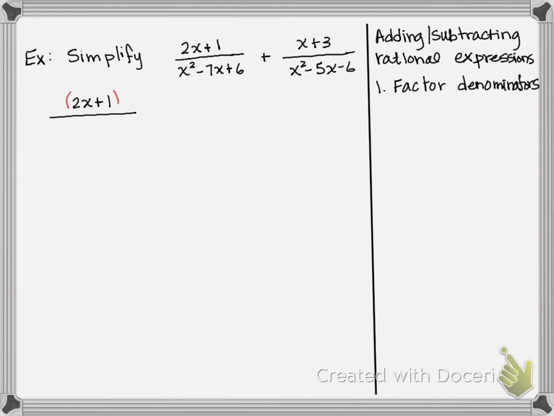Remember, the numerator is in parentheses because it's addition, subtraction, and then the denominator is x minus 6 times x minus 1. And same thing here. We put our numerator in parentheses because it contains addition. And then this factors into x minus 6 times x plus 1.